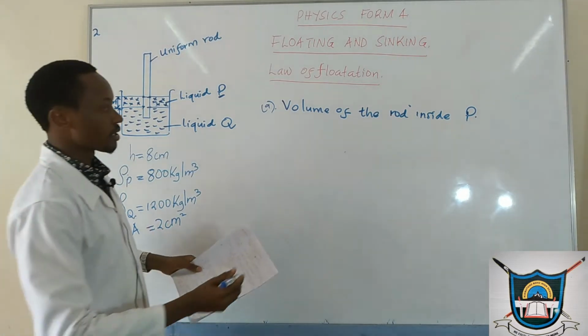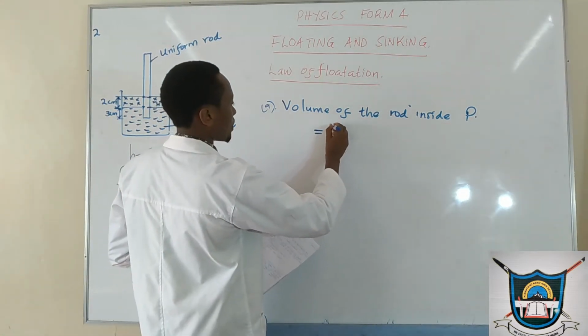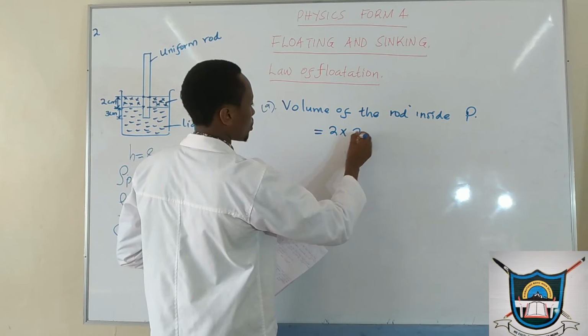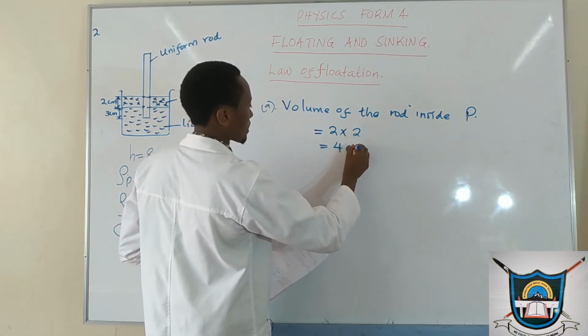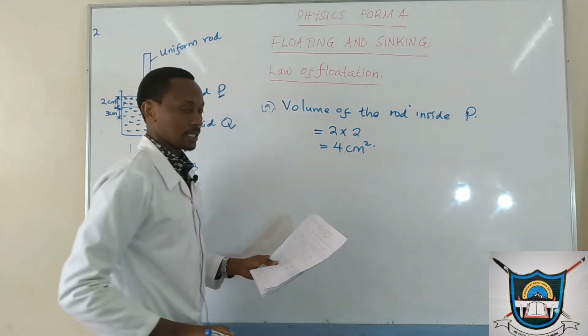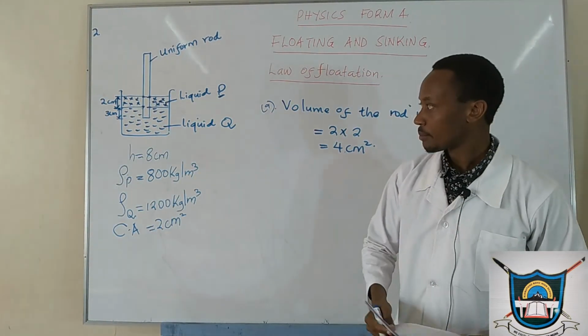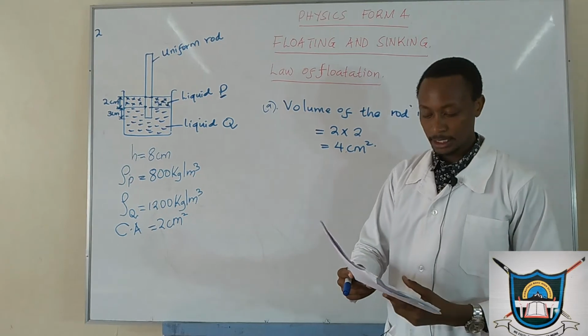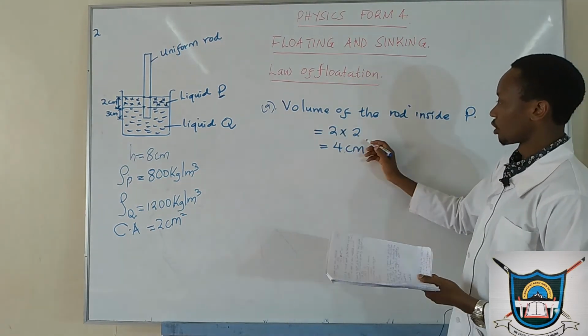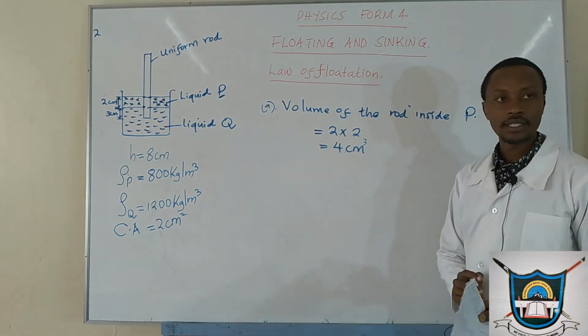So what will be the volume, student? It will be 2 times 2, which is 4 centimeters squared. That is the volume of the liquid P which is displaced. Now student, volume is supposed to be in cubic centimeters.